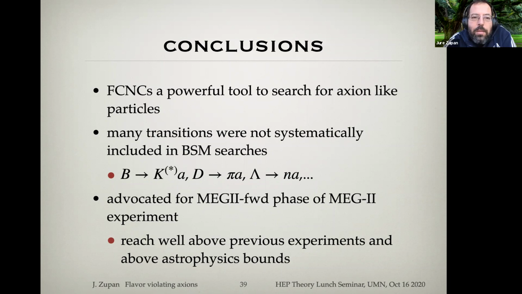Many of the BSM searches were not done, but could have been done, like B to K a, B to K star a, D to pi a, and so on. And then I advocated for this forward phase of the MEG II experiment, where the interesting thing is that you can go quite well above the previous experiments and the astrophysics bounds.